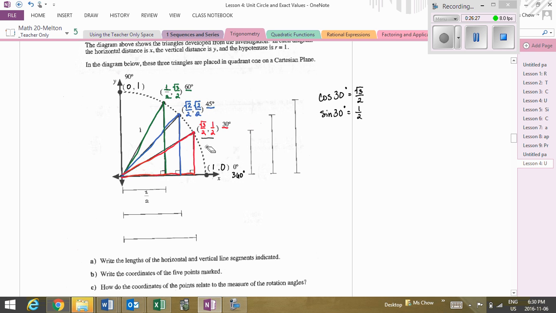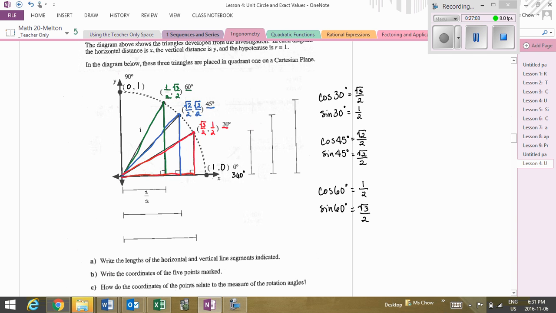So it looks like the x coordinate matches cosine of 30, and the y value matches sine of 30. If I look at cosine 45 degrees and sine of 45 degrees, again, they are exactly the same as the x and y coordinates. Again, cosine of 60 degrees and sine of 60 degrees match up with the corresponding x and y coordinates for 60 degrees.